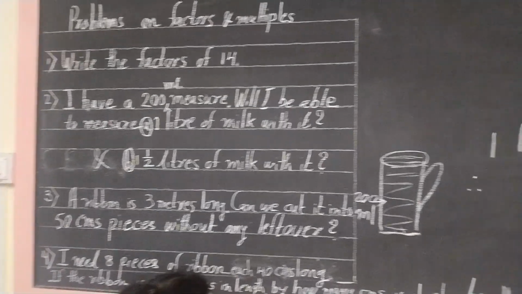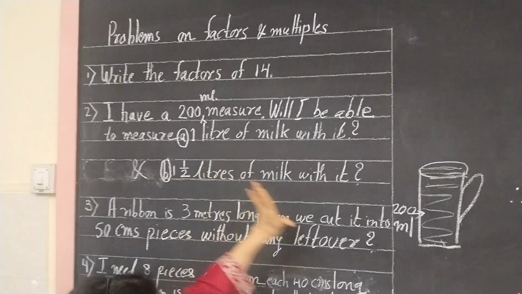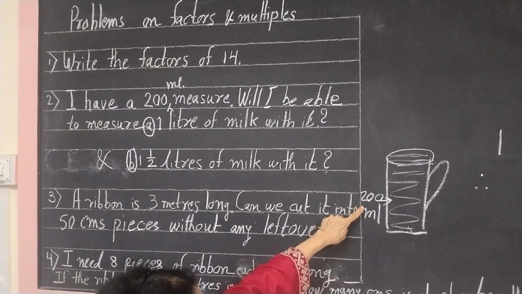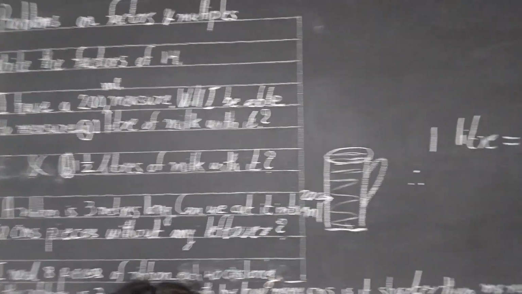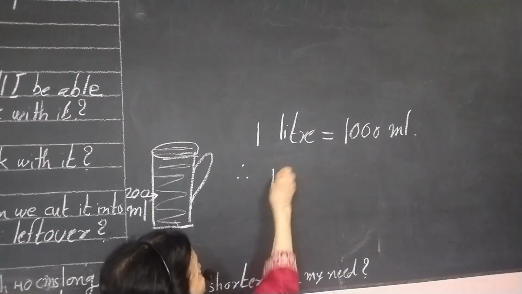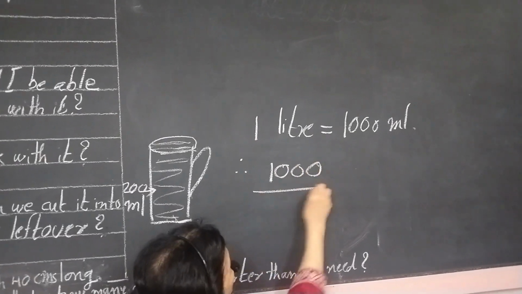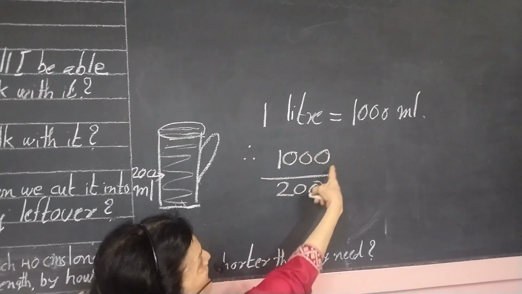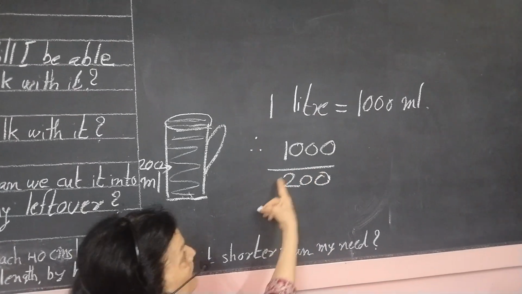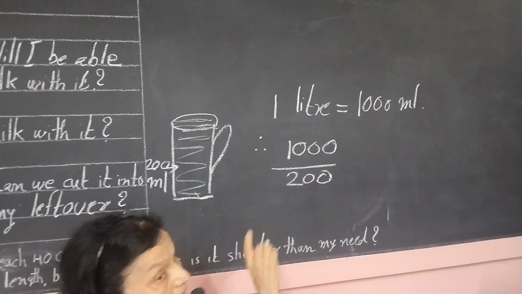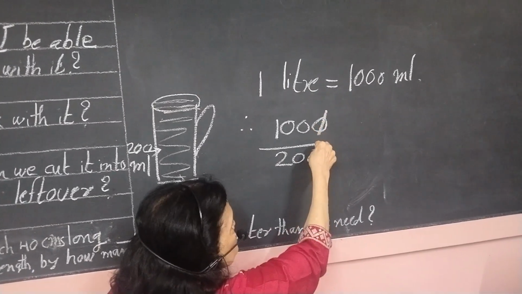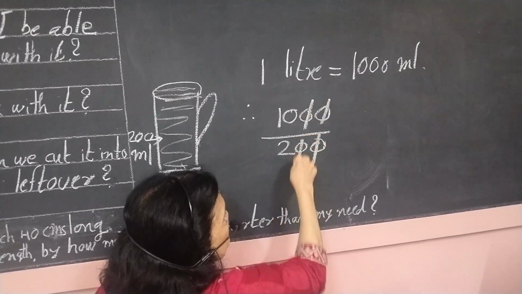And we have to see whether 1000 ml is totally divisible by 200. Division with zeros at the end can be started like this. This is the whole milk that we are going to measure, and this is the capacity of our measuring cylinder. So here this 0 goes for this 0 goes for this.